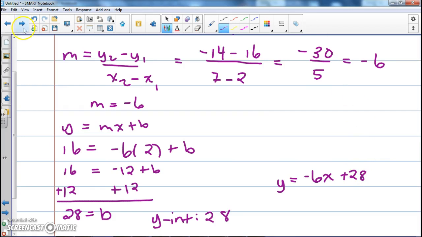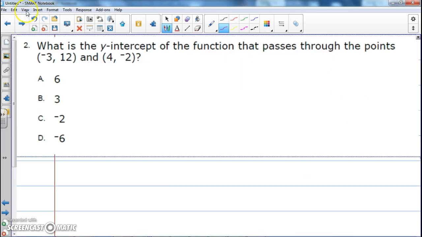Okay, another example. This one is from your test. So it says, what is the y-intercept of the function that passes through the points negative 3, 12 and 4, negative 2? So I would need to, pause the video first and try it on your own. Okay.